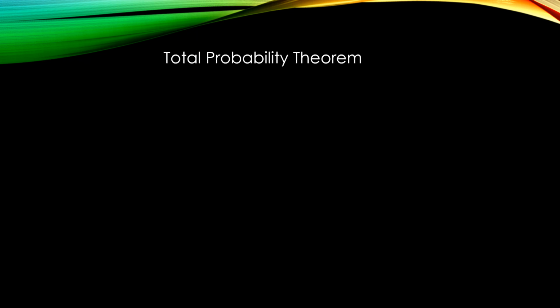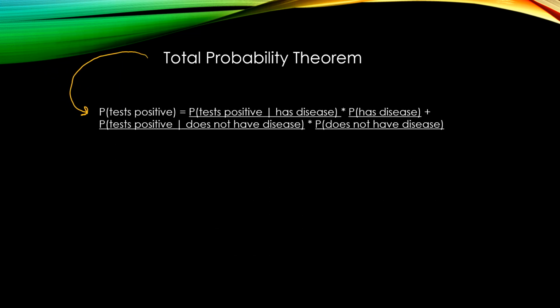All right, total probability theorem. Now let's take a look. The probability that the patient has tested positive is equal to, this is going to be a lot, so try to pay attention here or write this down if it helps you.